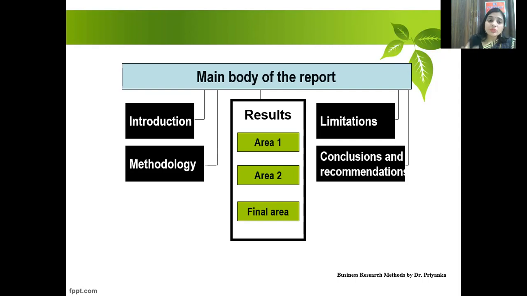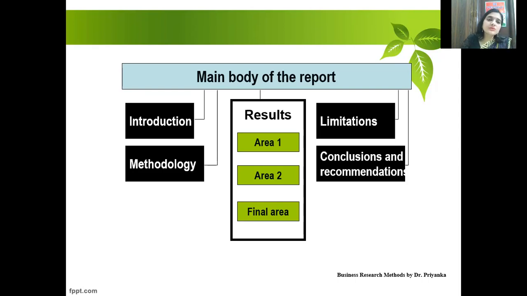The result of that should be the formulation of hypotheses. Now you have objectives in your hand, so you will be discussing the methodology you have used in your research project.